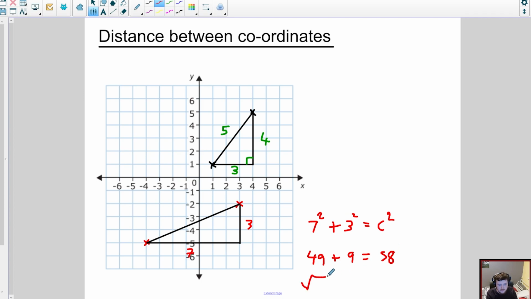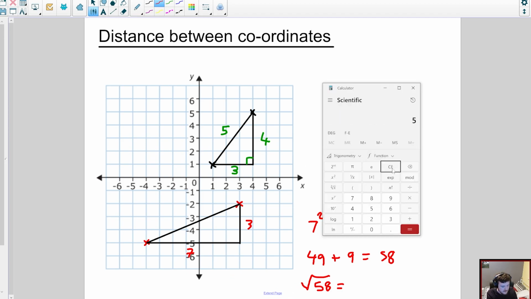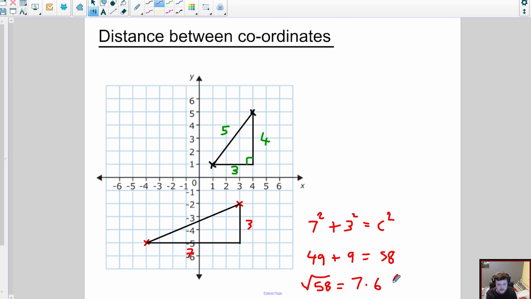And so the root of 58 is going to be our answer, and the root of 58, if I check it here, so I do 58 and I square root it, I get 7.61. I'm going to leave it as 7.6 to 1 decimal place. But the question may tell you to give it to more accuracy than that. 7.6 to 1 decimal place.